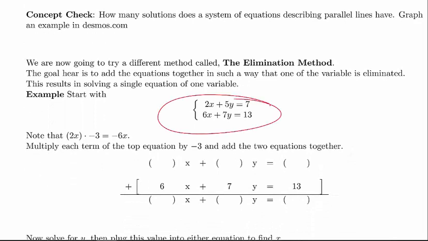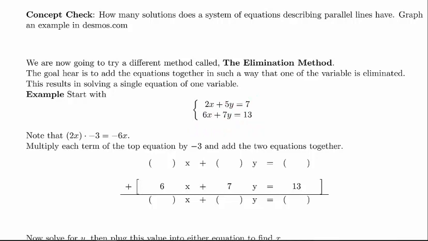Here we've got this system set up, and we note that we can multiply 2x, that's the value here, by -3, and we'll get -6x. Add those two terms together and they will cancel each other out. So again, we'll be adding these together.